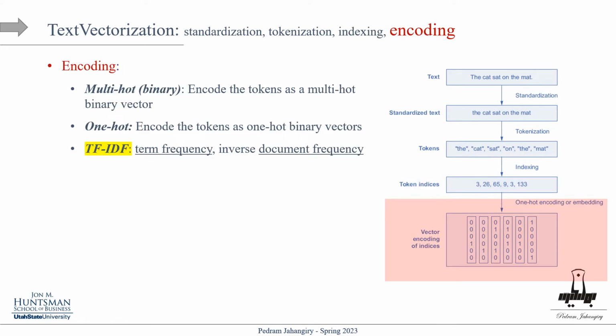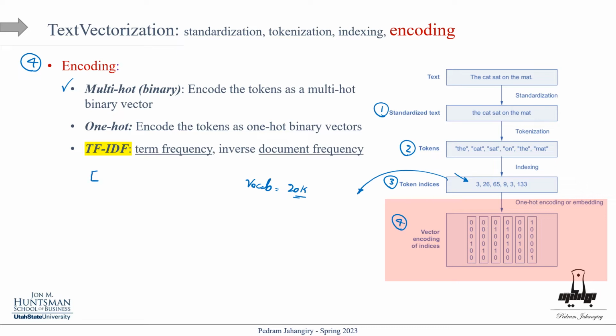Okay, the last step, which happens to be a very important one, is called encoding, right? So we standardize the text, we tokenize it, we convert it to integers, that is indexing, and then the last one, encoding. There are different ways of encoding. The first one is multihot, or what we call binary encoding. It encodes the tokens as a multihot binary vector. Remember, let's say our vocab size was 20,000. Then we put these numbers into one vector.